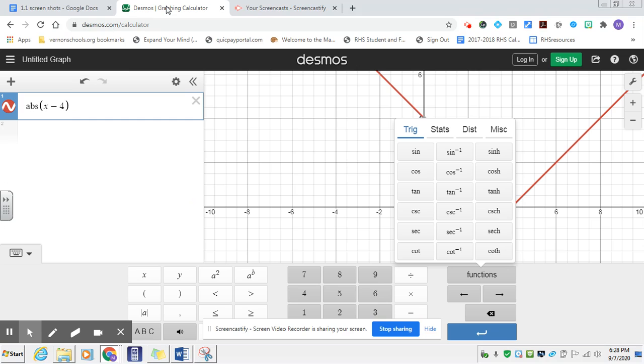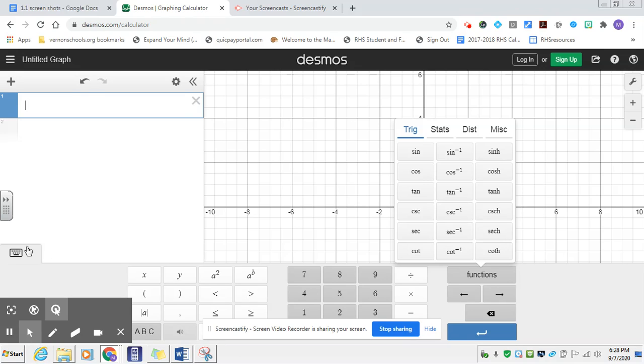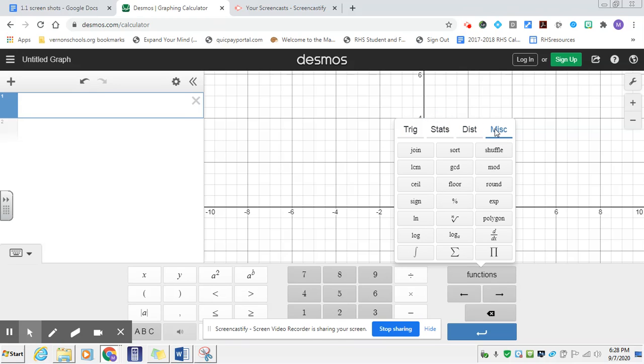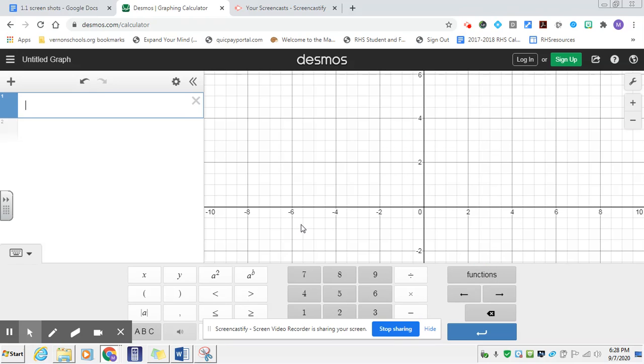Okay, so now I look at Desmos and I'm going to go back, sorry. What you could do here is look at your keyboard tab and under functions, go through these and look for absolute value. Sometimes it's easy to find, sometimes you can't. I could not find it at first, but absolute value is actually right here now that I saw it.